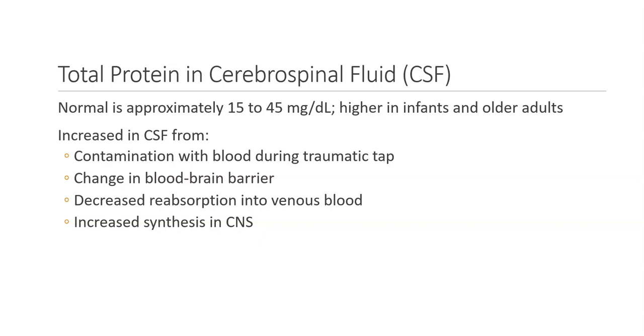Another cause is a change in the blood-brain barrier, where we have a selective crossing of certain elements, but perhaps this is broken and more protein is allowed in. Decreased reabsorption into the venous blood is another. It's a two-way street, and if there's decreased reabsorption, this will increase the protein. And there may be an increased synthesis of protein in the CNS.